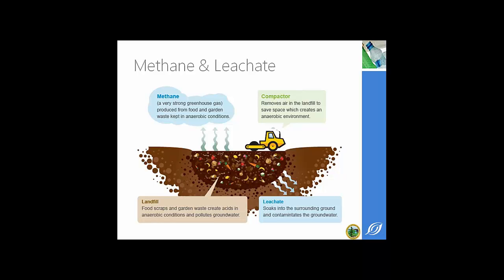So the methane is released and it goes into the atmosphere. The leachate is a soupy mix from the liquids in the landfill that go down to the bottom. So one is released up into the environment through the air. The other one goes down through the soil, into the water tables, and ultimately into our groundwater.